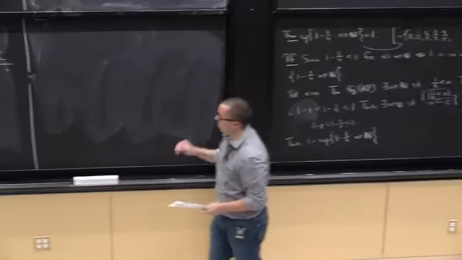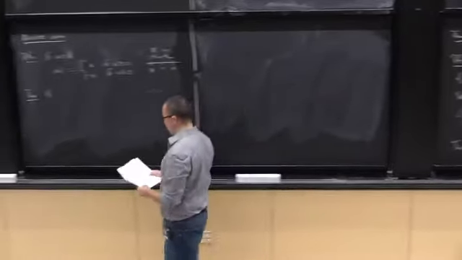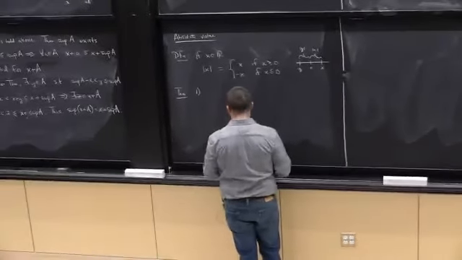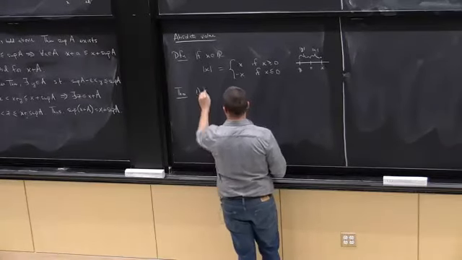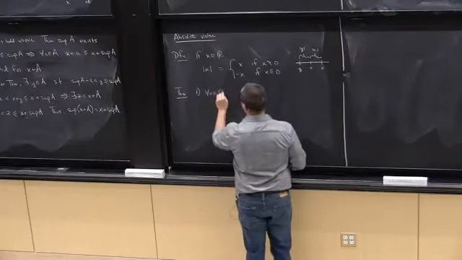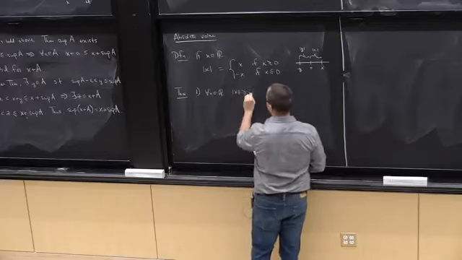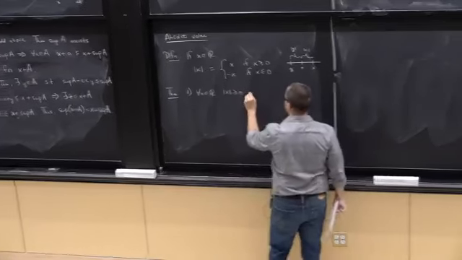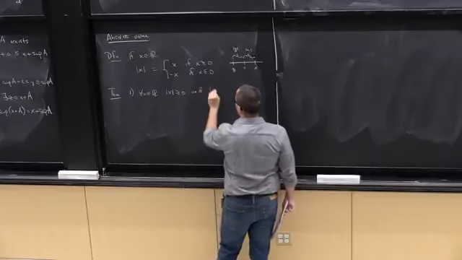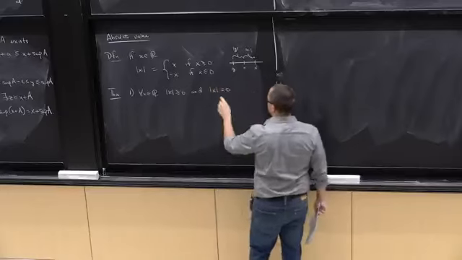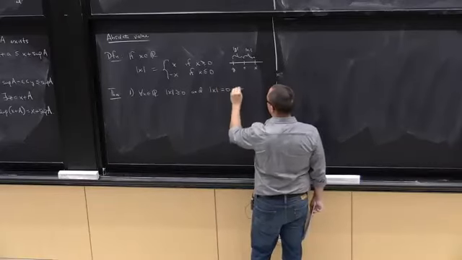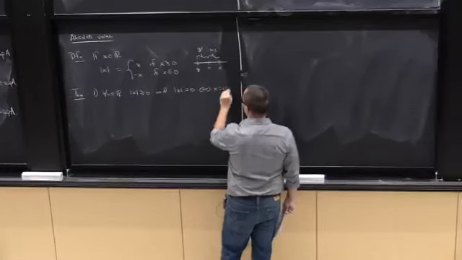So I'm going to do as many proofs as I can for you. The first statement is for all x in R, absolute value of x is bigger than or equal to 0, and the absolute value equals 0 if and only if x equals 0.